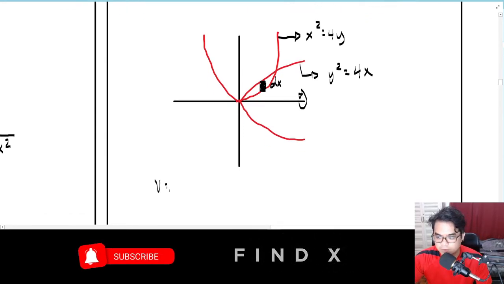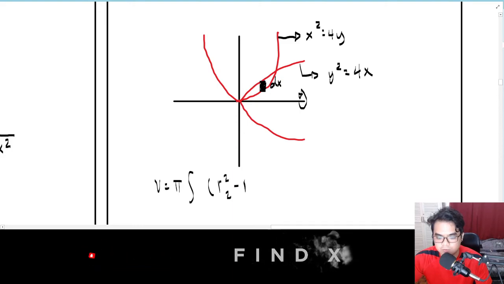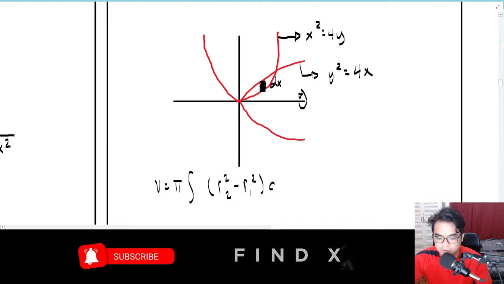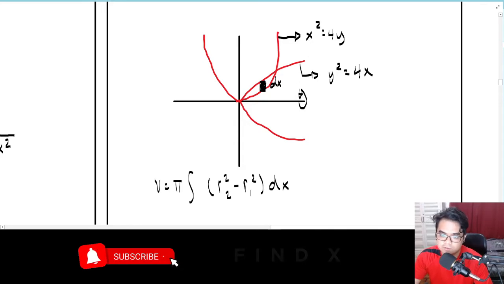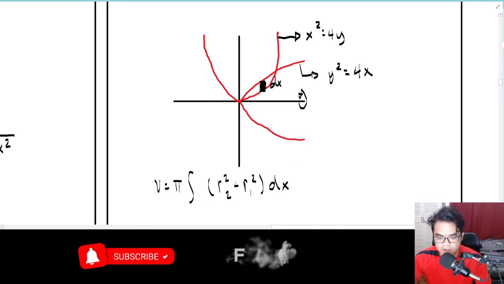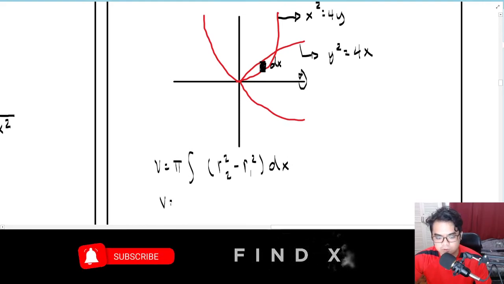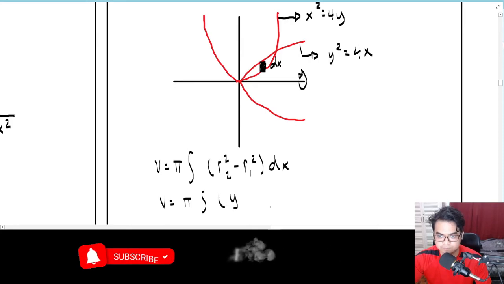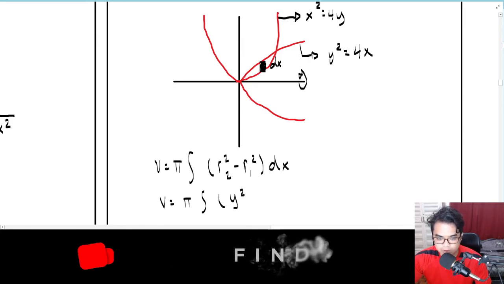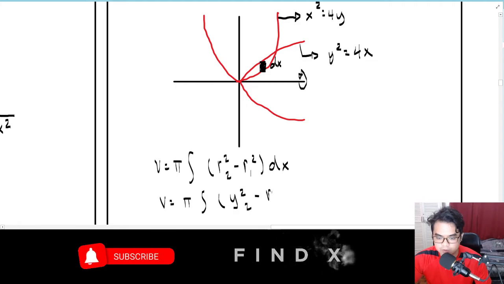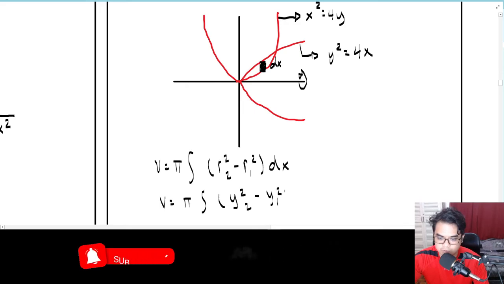Okay, so let's get the volume. The volume for this one is pi integral of R2 squared minus R1 squared dx. Since that is dx, we can rewrite this as y2 squared minus y1 squared dx.